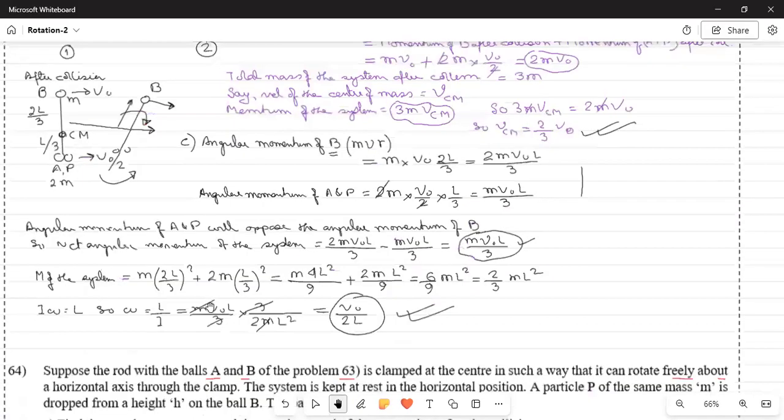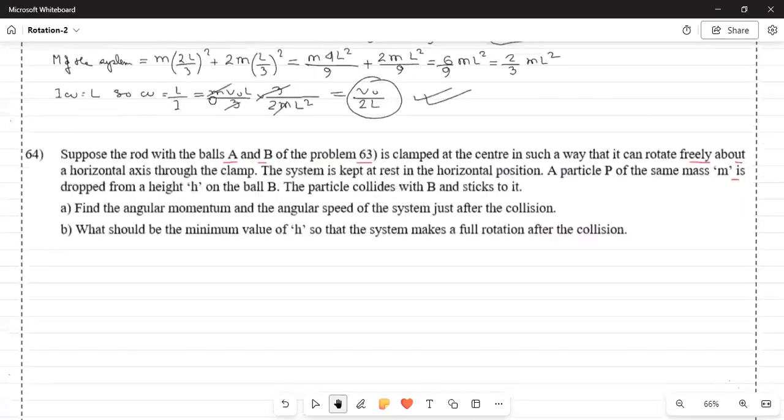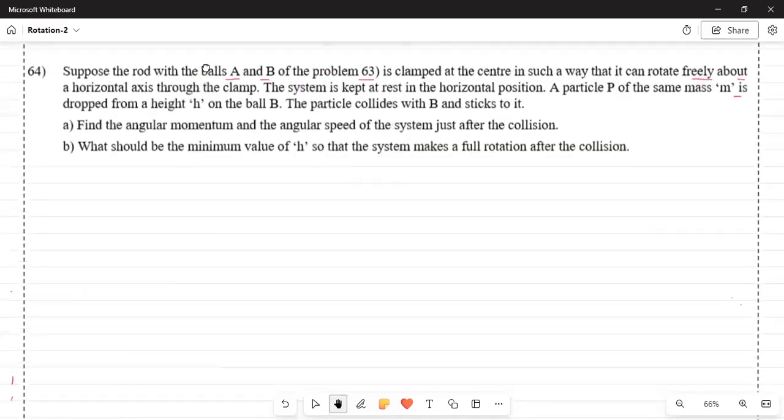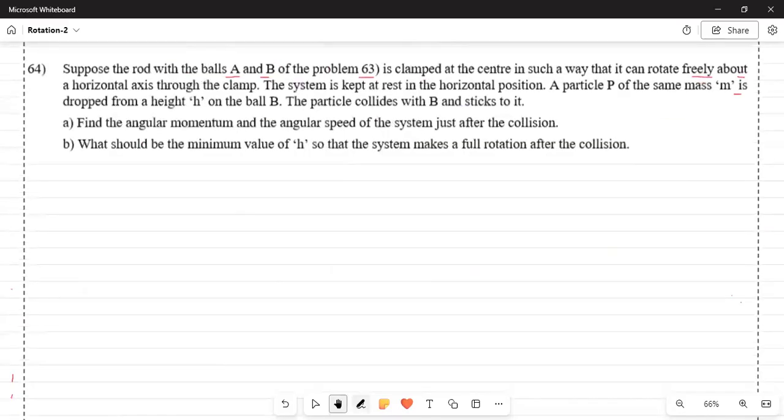So this rod of problem 63 is now clamped at the center in such a way that it can freely rotate about a horizontal axis through the clamp.